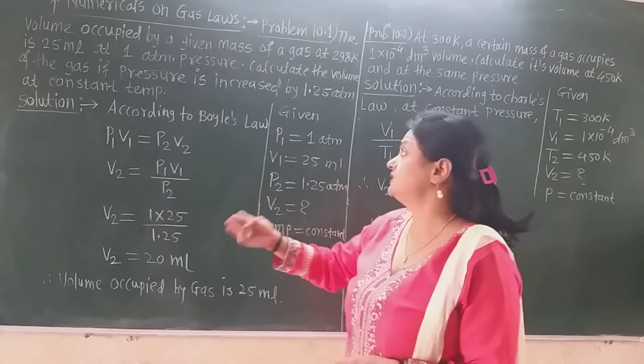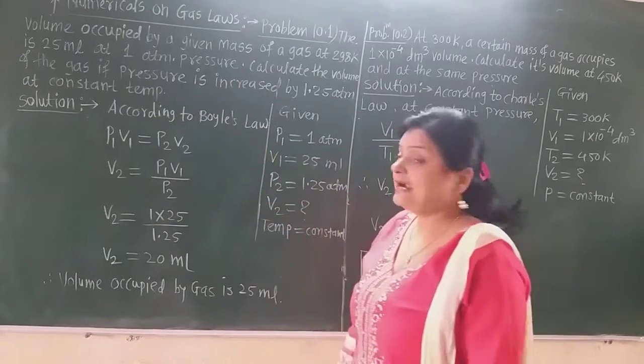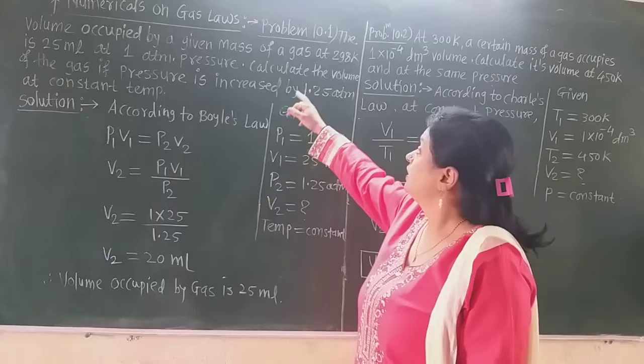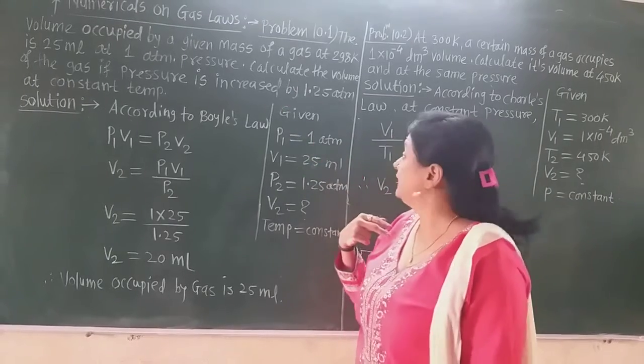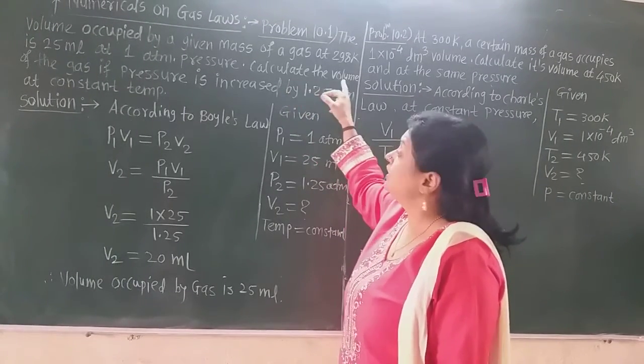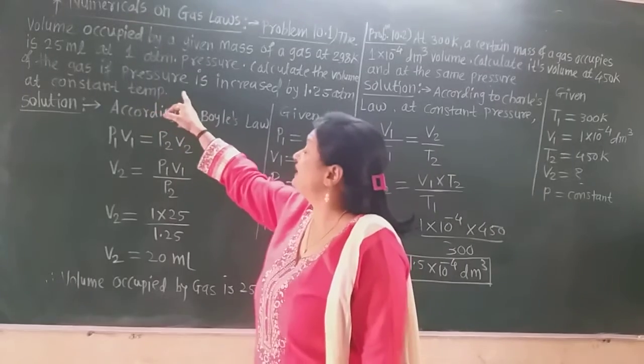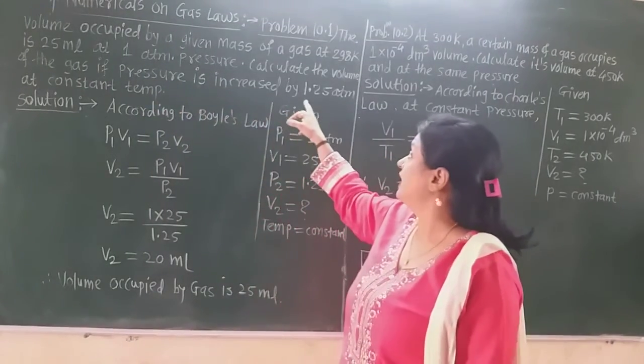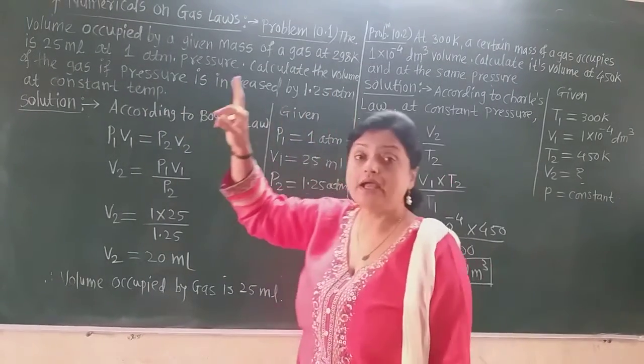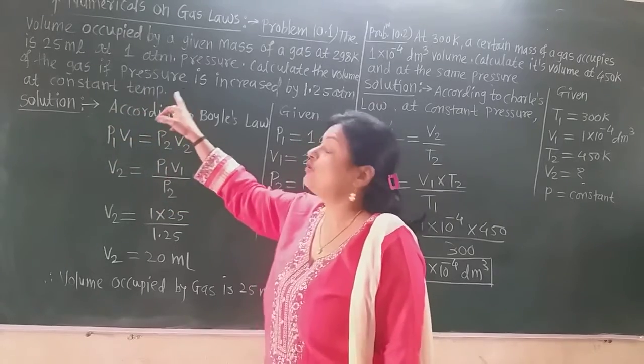So they give us the volume, the temperature and also the pressure. They ask us to calculate the volume of the gas if pressure is increased to 1.25 atmosphere at constant temperature.